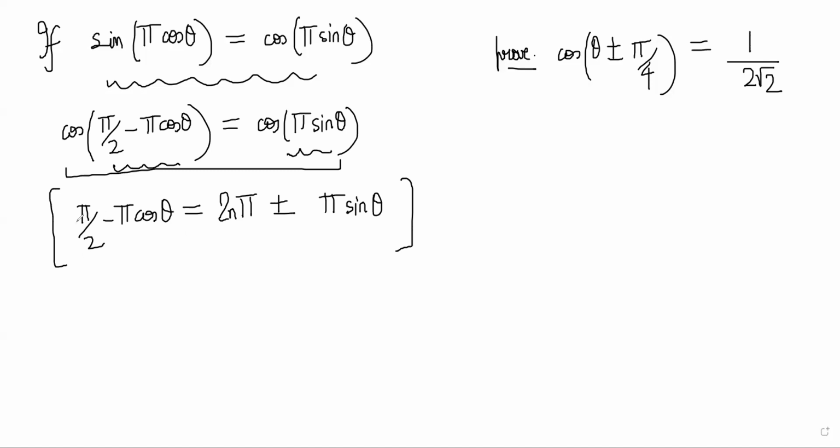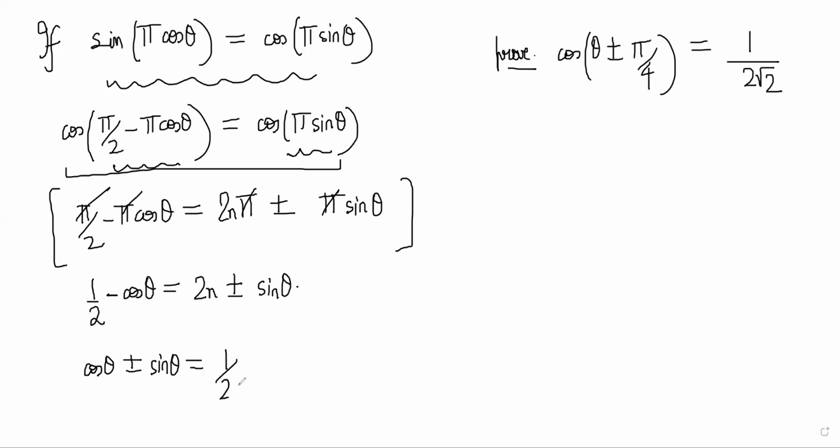We can obviously cancel pi everywhere. We'll get 1 by 2 minus cos theta is equal to 2n plus minus sine theta. So from there, we are getting cos theta plus minus sine theta is equal to 1 by 2 minus 2n, right? Yes, sir.